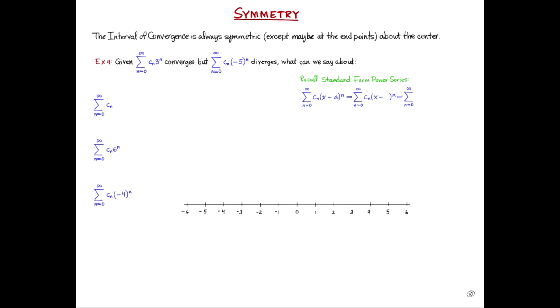Think back to our standard form of power series. It has to be in this form of some constant times x minus a to the n. And for this example, it's going to be easiest if we center our series at x equal to 0.